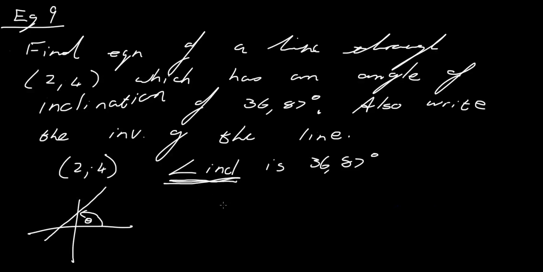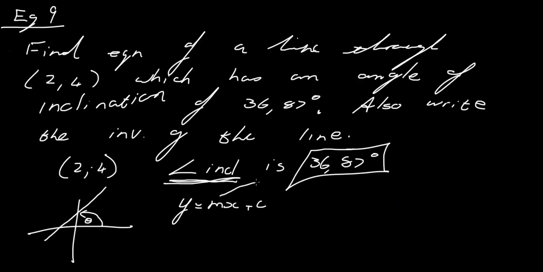Now what's important to note is that the angle of inclination is related to the gradient. So it has a gradient basically of 36,87 degrees. But you know that the gradient intercept form is y equals mx plus c, and m needs to be a number and not an angle. So how are we going to find m?